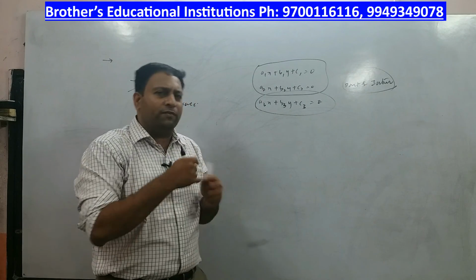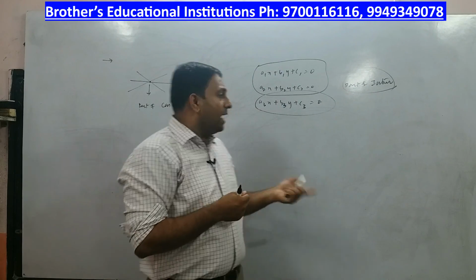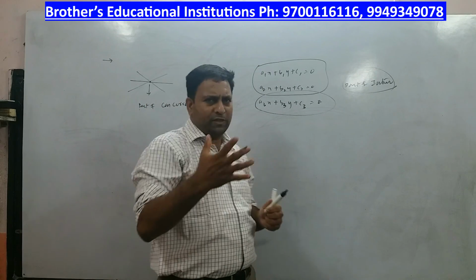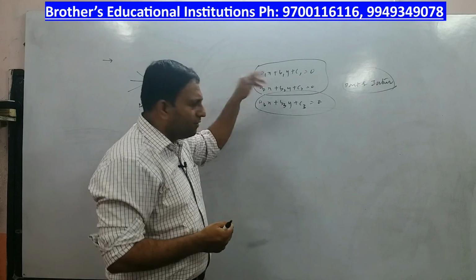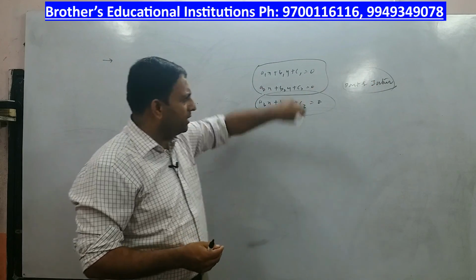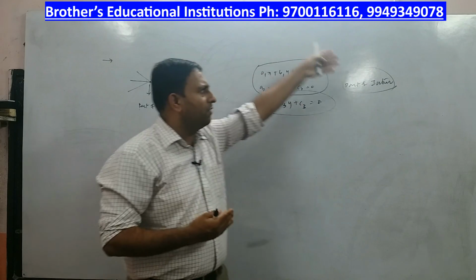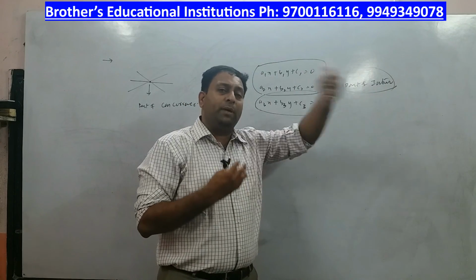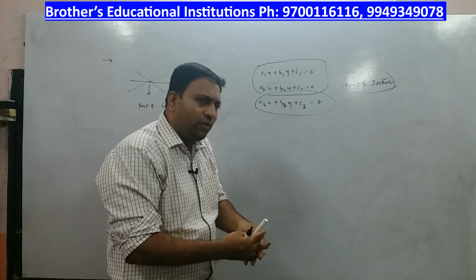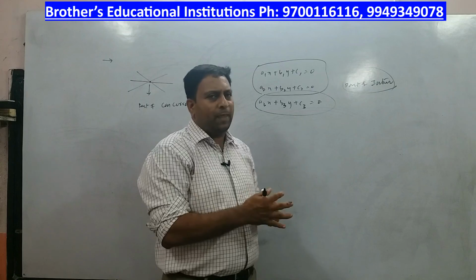Because it became a point of concurrence, more than two lines are passing through it, and hence the third line too, and therefore these three lines are concurrent. This is the first method. I will repeat. You will first solve two lines, you will get the point of intersection. Once you get it, take the point and substitute. If it satisfies, the point of intersection will become the point of concurrence. If it becomes the point of concurrence, then these three lines are passing through the same point, so therefore the lines are concurrent. That is one method.